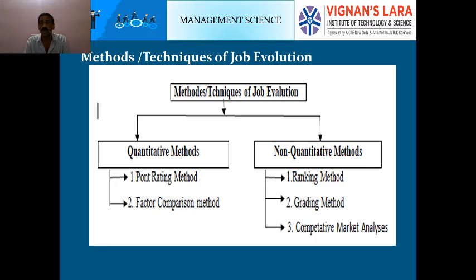Let us go to non-quantitative methods. Under this we will study another three methods. First one is ranking method. Second one is grading method. Third one is competitive market analysis. These are the total 5 methods used to know the real position of the job compared to other similar jobs, to know the real worth. Let us discuss one after another.